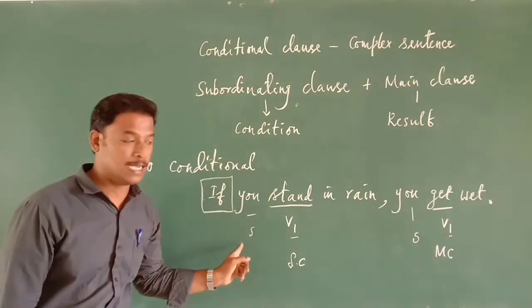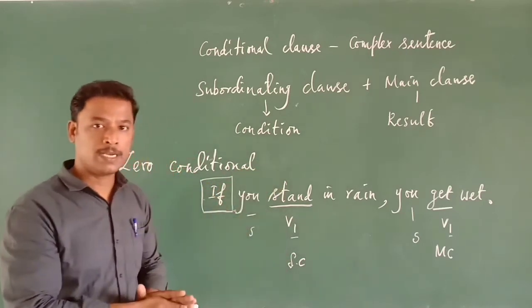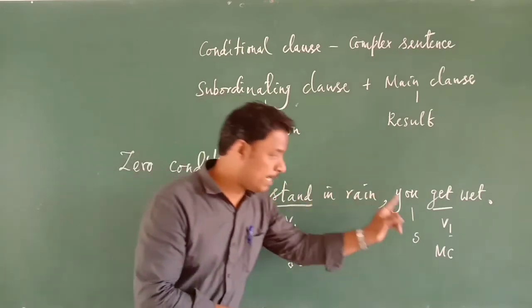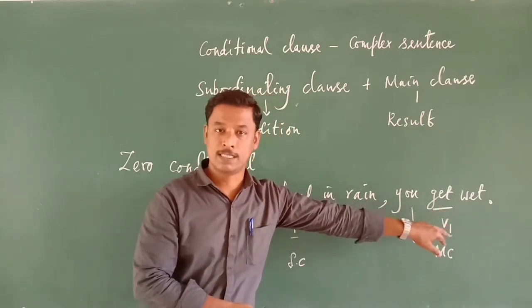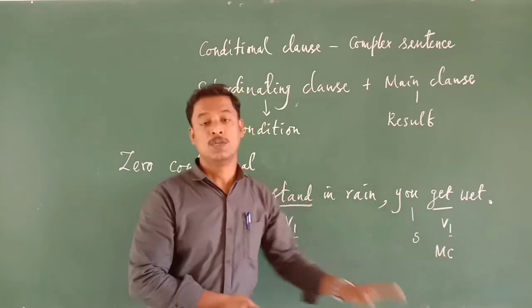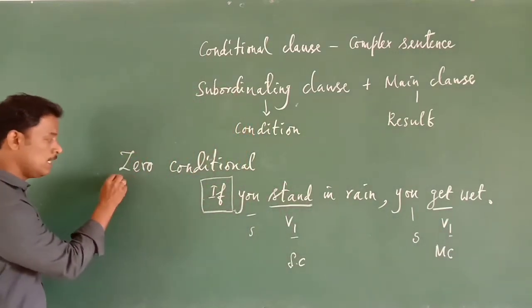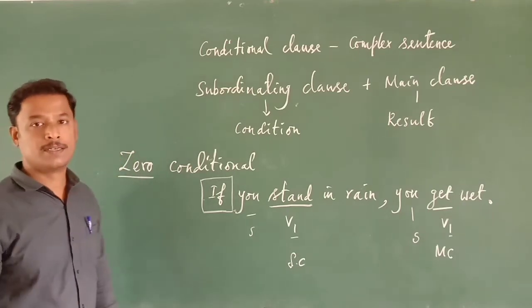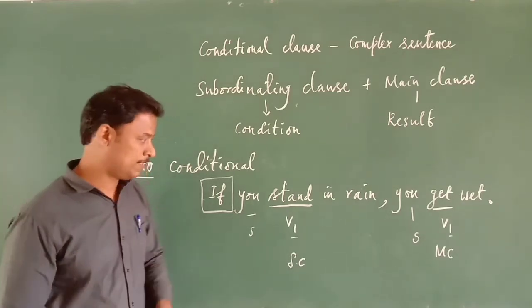This conditional clause has verb 1 in the subordinating clause and the same tense form is followed in the main clause, that is, the result is applied in the main clause. So this type of conditional clause is called zero conditional. Can you understand it? Right.